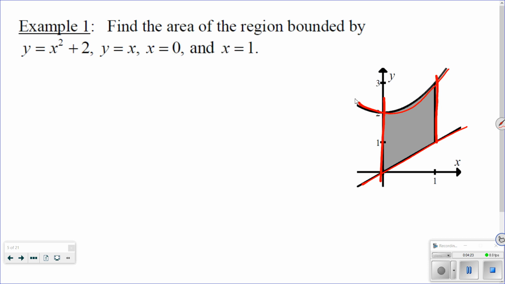And also notice I have my top function and my bottom function. So when I set this up, it's going to look like this. I'm going to take the definite integral of my top function, x squared plus 2, minus my bottom function, which is just x, dx. And we're going to integrate from 0 to 1.